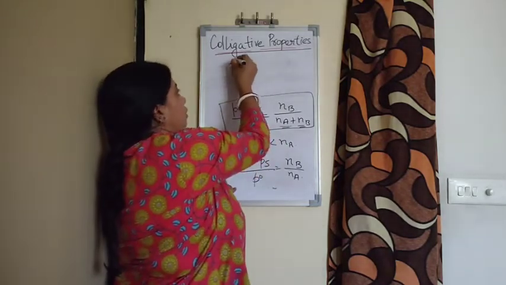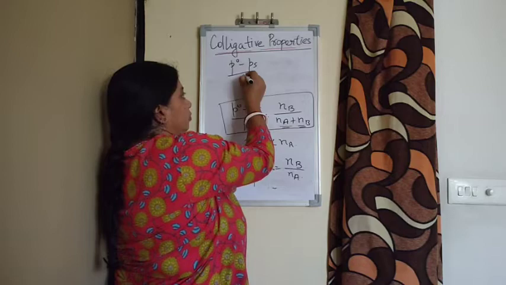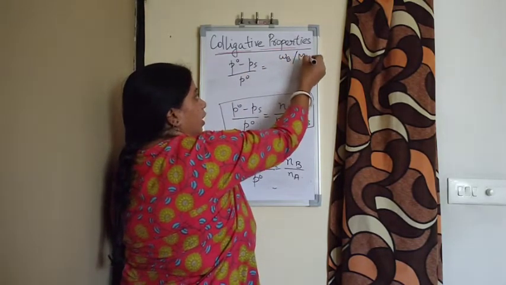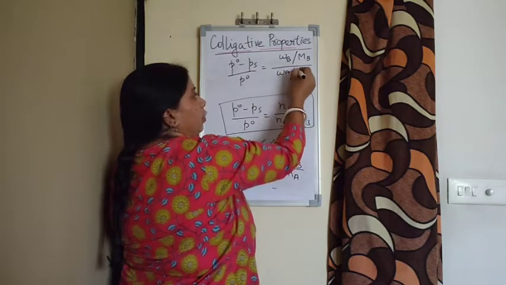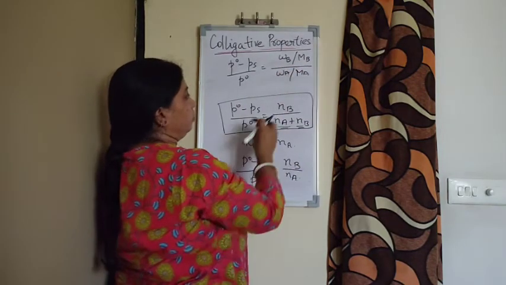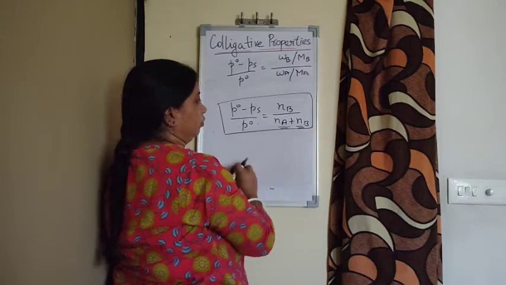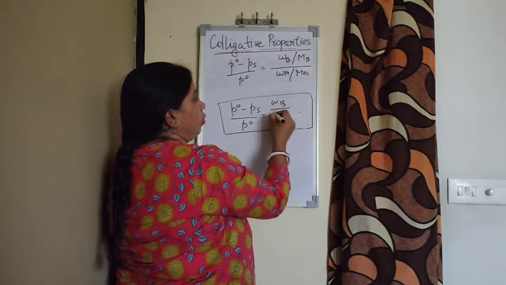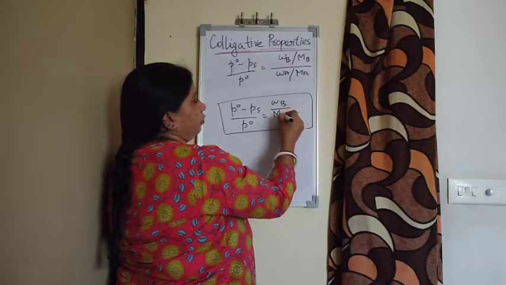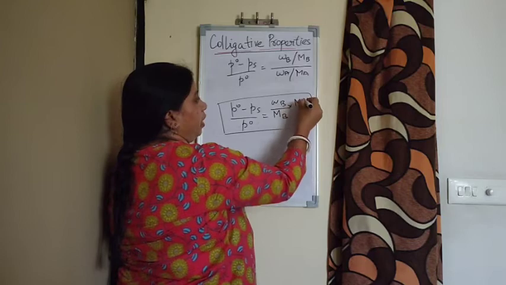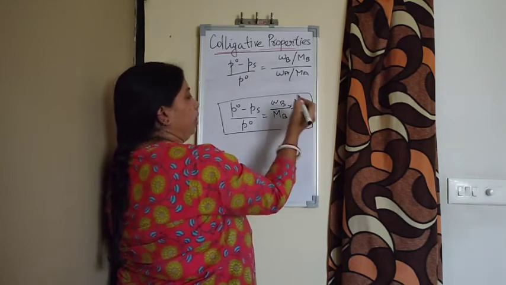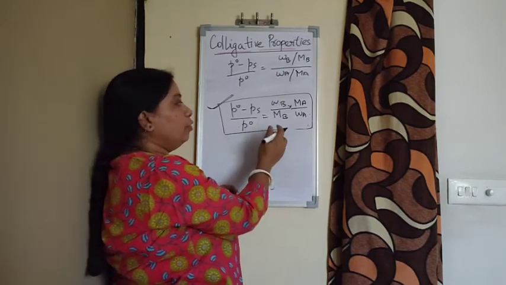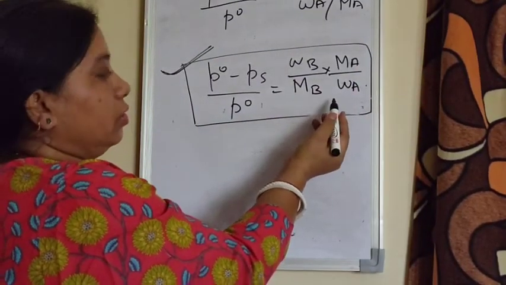Or if we substitute the values here, this equation becomes WB upon MB upon WA upon MA, or we can say WB upon MB into MA upon WA. So this is the formula with the help of which we can find out the molar mass of the solute.